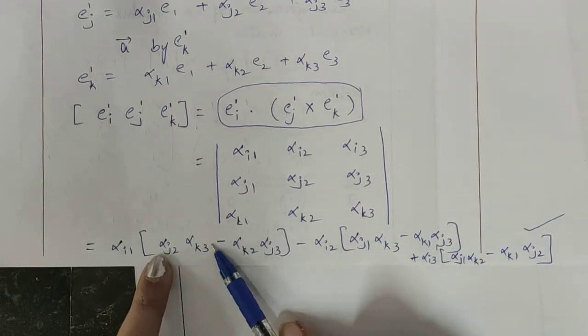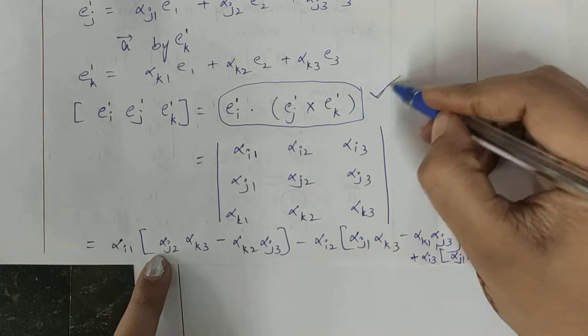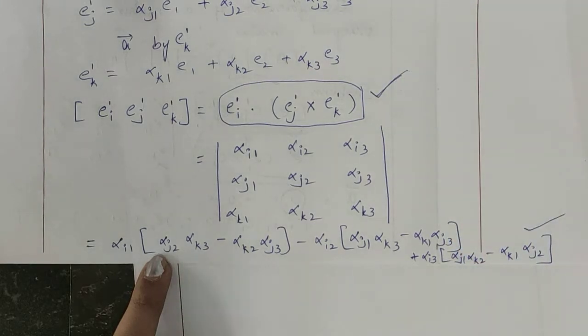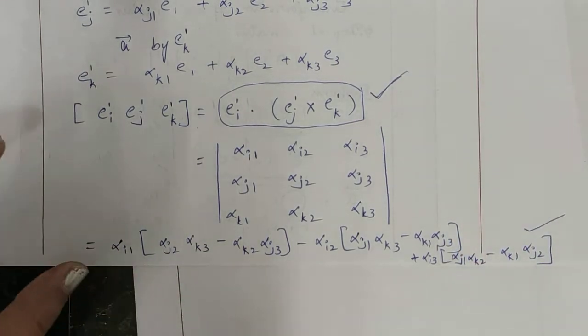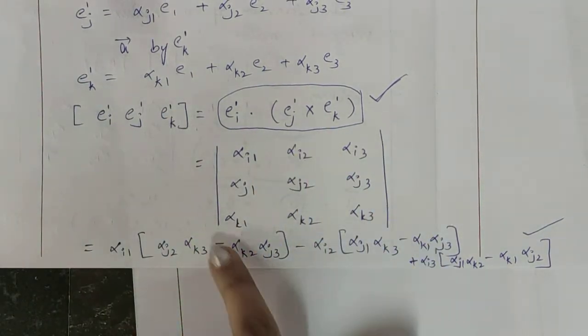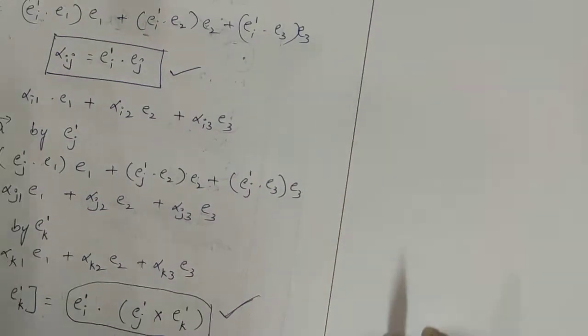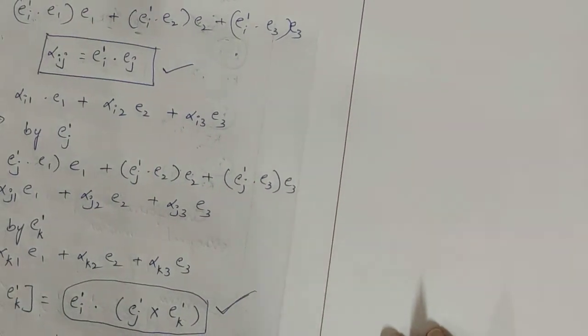If you go on simplifying this, again you will get the same thing using the transformation. Okay, so we will conclude directly that this box product is equal to determinant of this. So now let's move to next problem.